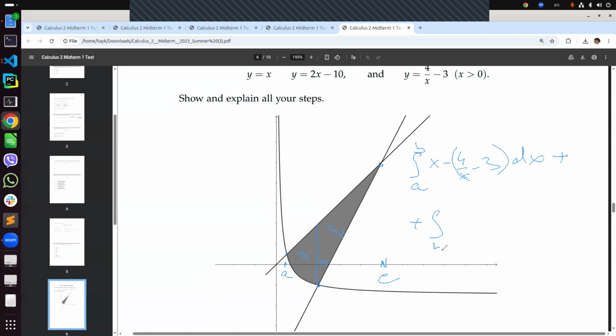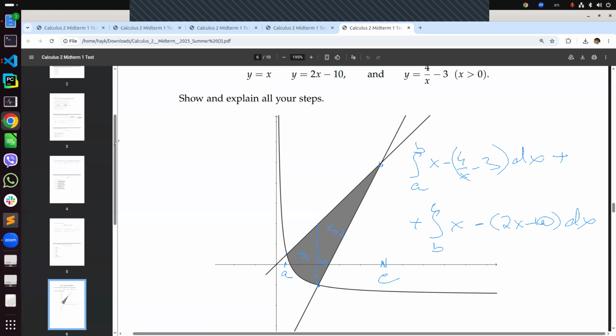S2 is now the integral from B to C. Again, the curve above is x, but now the curve below is 2x minus 10. Before calculating, the integrals are straightforward, just polynomials. But finding the points A, B, and C, sorry, is important here, so the intersections.